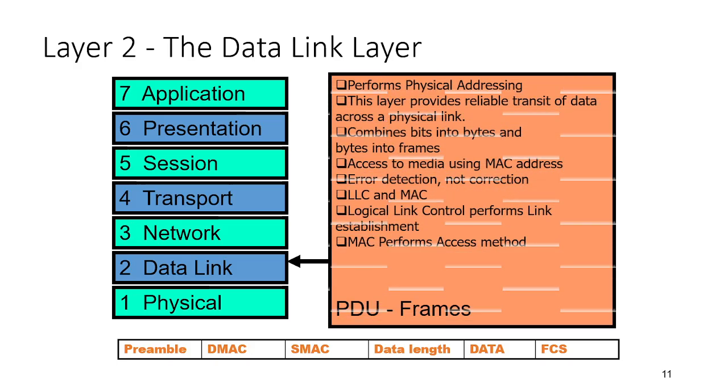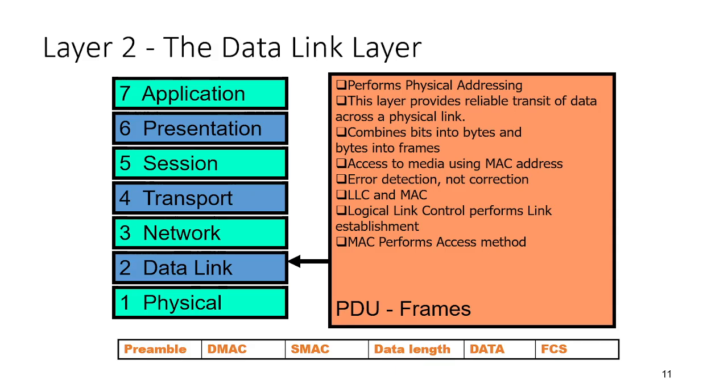The second last layer is the data link layer. This layer ensures error-free data transfer between devices on the same network. Functions include framing, error detection, and MAC addressing, which is the physical address.